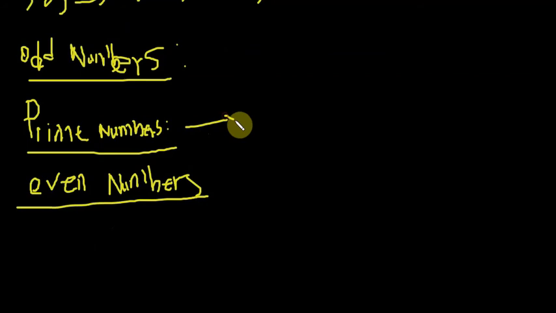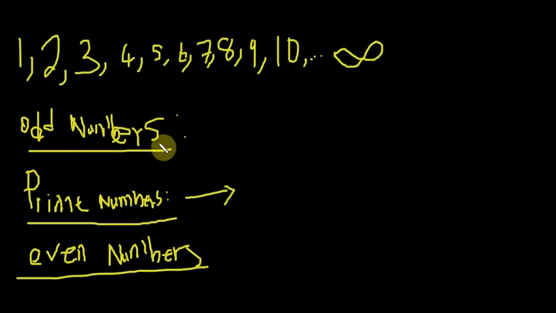What are prime numbers? Prime numbers are numbers that are divisible by 1 and the number itself. So for example, the number has only two factors, only 1 and the number itself are the factors of the number.